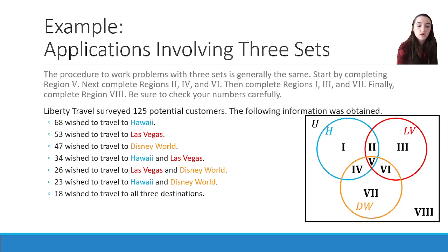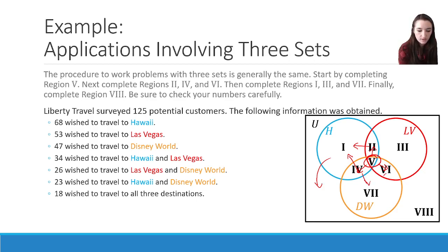Alright, so once again, we always start from the inside out. So we're going to work our way from the most intersected region towards these regions, and then once we get those, we come together to get each of these, and then we can finally move outside.